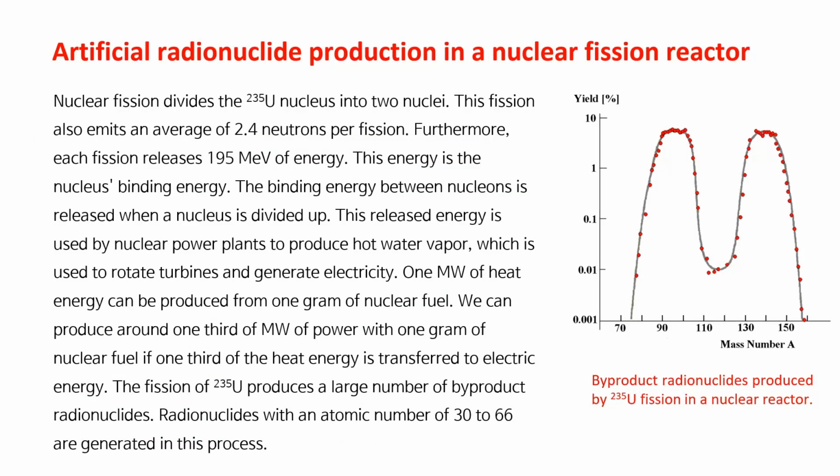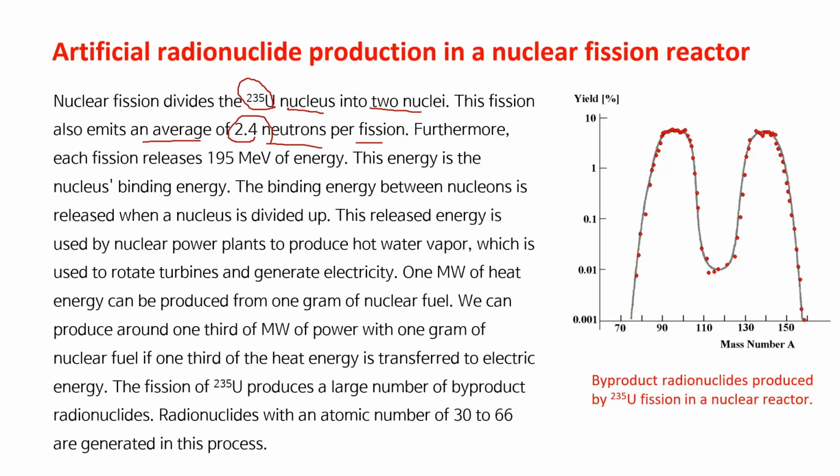Let's first see the artificial radionuclide production in a nuclear fission reactor. Nuclear fission divides the uranium-235 nucleus into two nuclei. This fission also emits an average of 2.4 neutrons per fission.